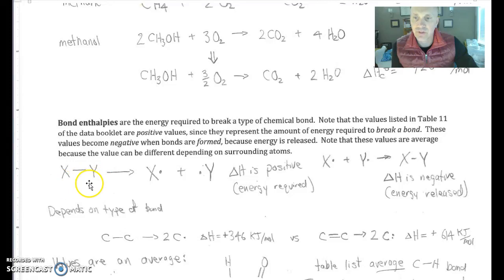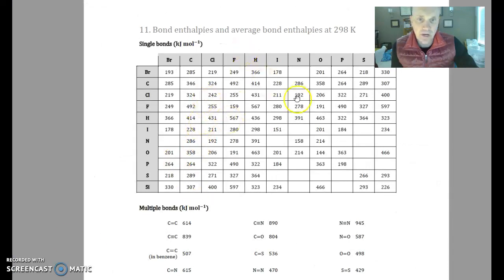So if we take that and we break it apart, that's what this reaction right here would show. Your delta H is going to be positive, meaning that energy is required in order for that to happen. And notice that's why all of these right here are represented as positive values. Notice that this is all for single bonds.